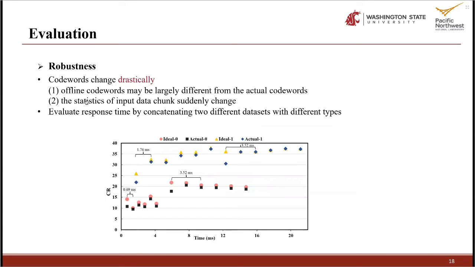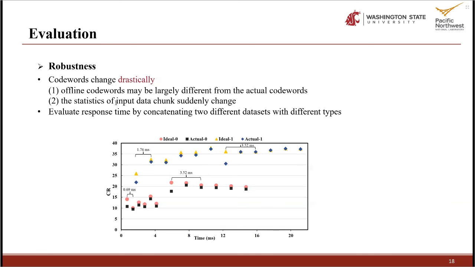Then I will talk about the robustness of CEAZ. There are 2 scenarios in which the codewords will change drastically. The first one is at the beginning, where the offline codewords may be largely different from the actual codewords.